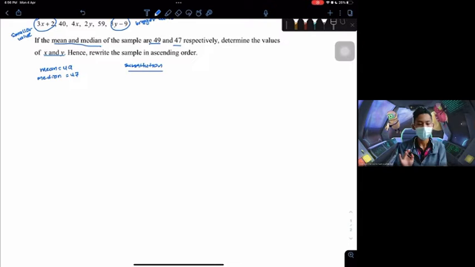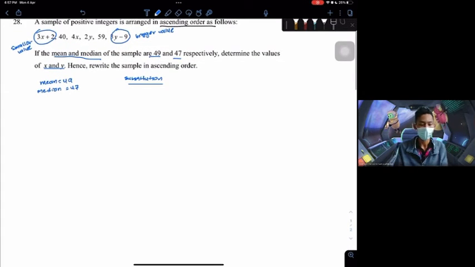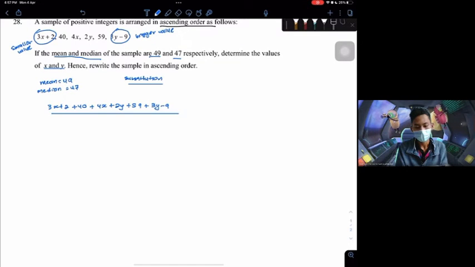So, how to get the mean? Mean is basically we add all of the values in our data and divide by the total number of data we have, which is 3x plus 2 plus 40 plus 4x plus 2y plus 59 plus 3y minus 9, divided by the total number of our data, which is 1, 2, 3, 4, 5, 6.